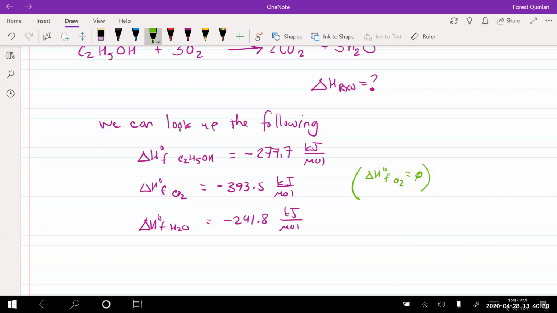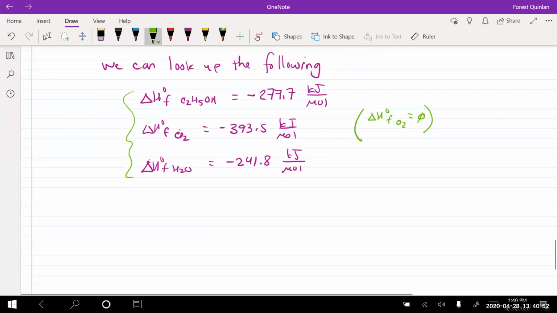Okay, so just like we did before, I want to take each of these reactions right here and write them in terms of being formed from their elements so that I can use their delta H's. But now what I wanted to do is match the overall equation up top.